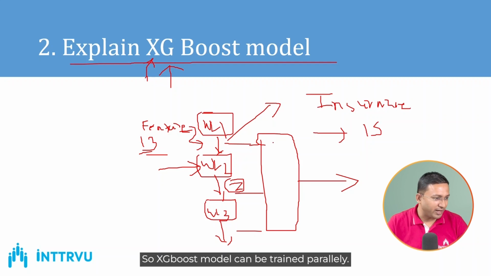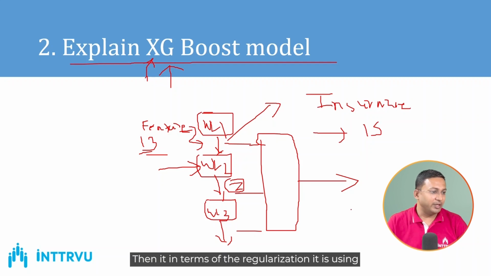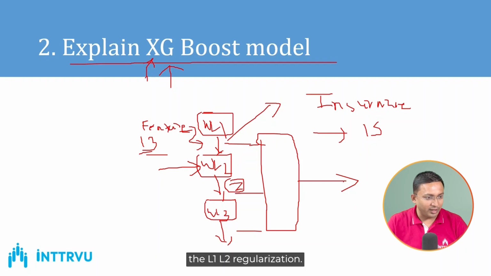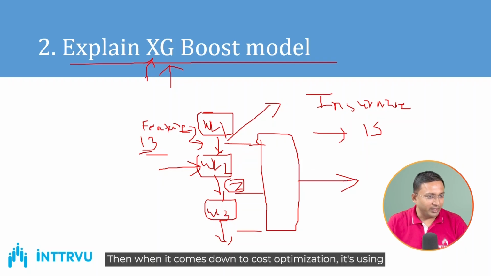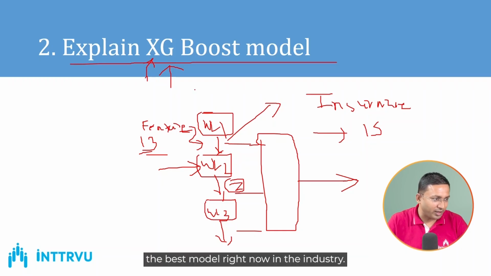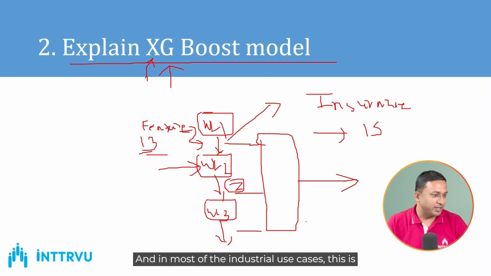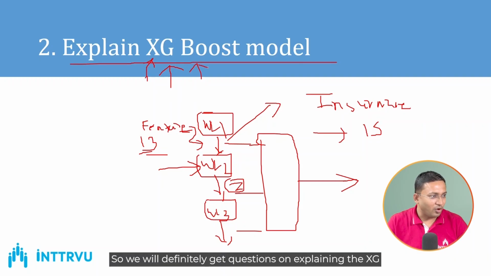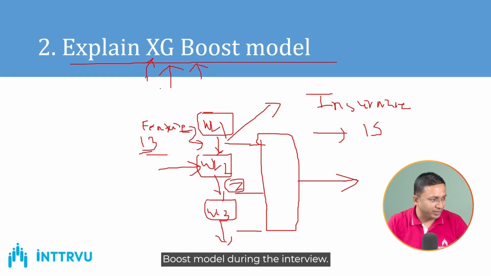XGBoost can be trained in parallel. In terms of regularization, it uses L1 and L2 regularization. For cost optimization, it uses second order derivatives. That's why the XGBoost model is the best model right now in the industry, and in most industrial use cases this is the preferred model. So you will definitely get questions on explaining the XGBoost model during the interview.